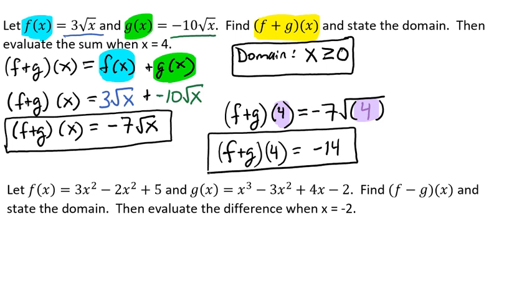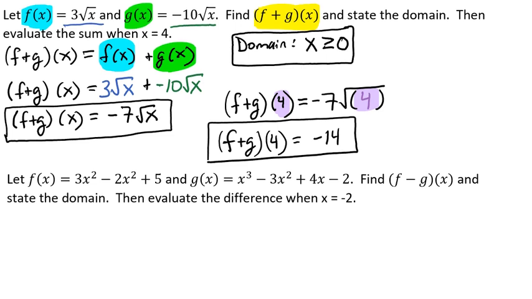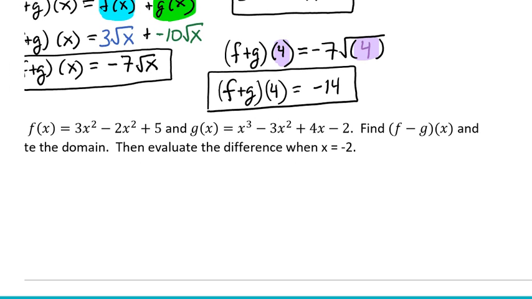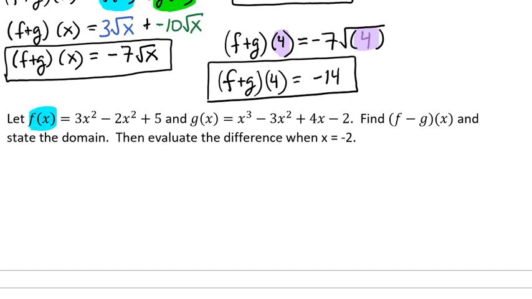Let's practice finding the difference of two functions. So if we take a look at our next example here, we have f of x equals 3x squared minus 2x squared plus 5. Actually, that's a bit of a typo. This should actually say 3x to the third. That should be a third.